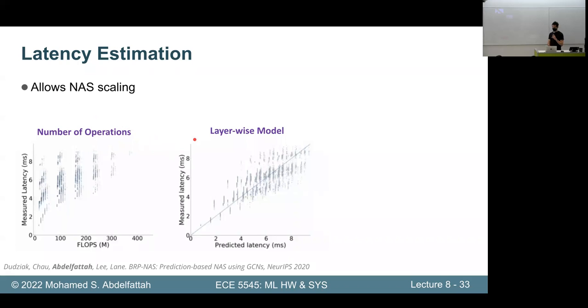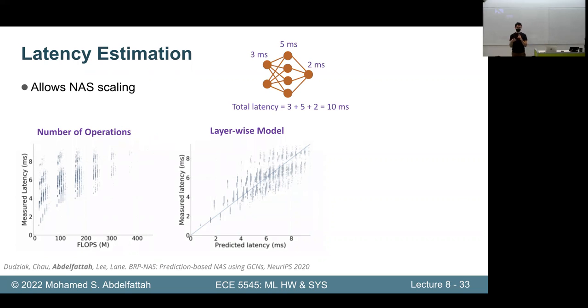And so back to estimation. Another way of estimating runtime is, you have a neural network. You measure the latency of each layer separately, right? So in this case, we have 3 layers. I measure 3 milliseconds for the first layer, 5 for the second layer, and 2 for the last layer. And then I do that for all of the candidate operations because now it's broken down into layers.